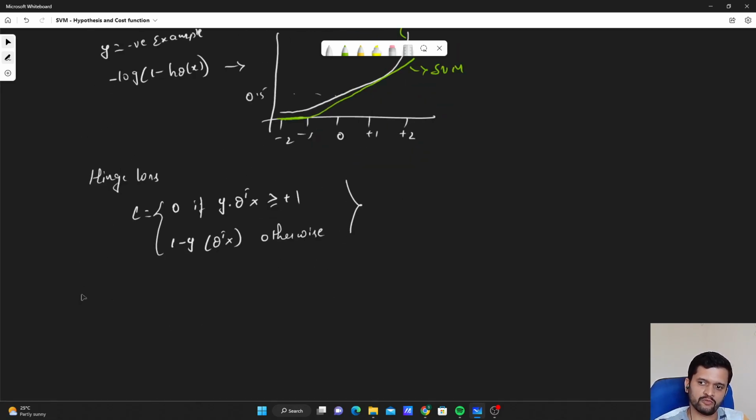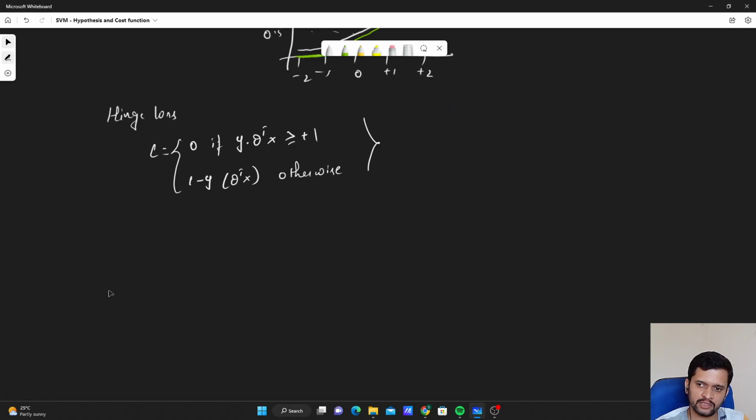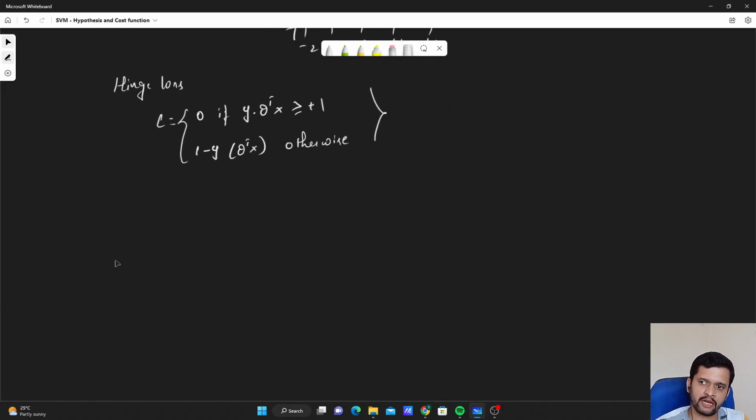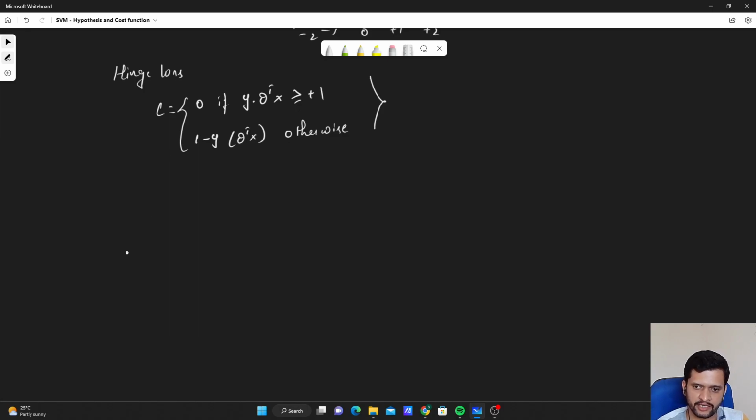Okay, now in order to understand how this comes up with a large margin, we will have to understand theta transpose x. Before going to the large margin classifier, we will write our cost function for SVM. So how can we write that?